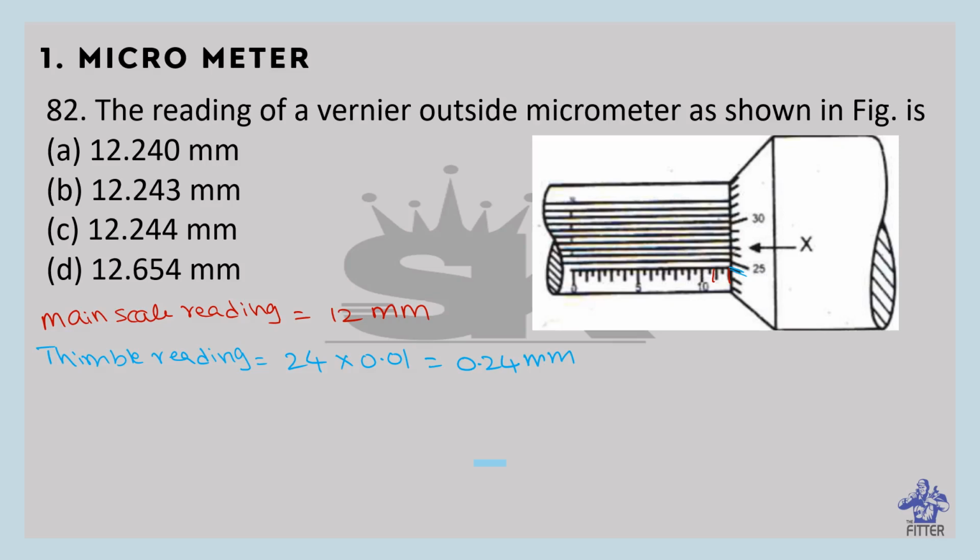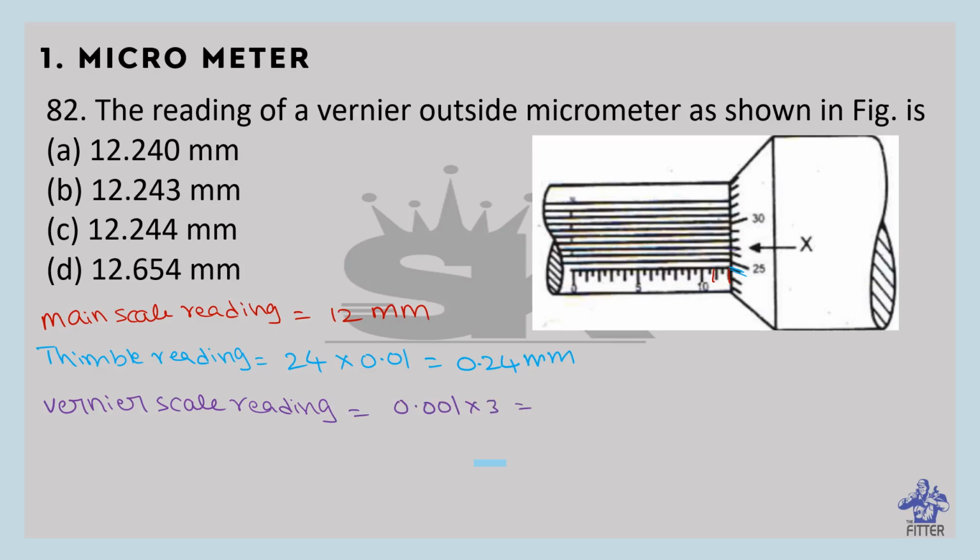And the vernier scale reading: here it coincides with the third line, 1, 2, 3. So the vernier scale reading equals 0.001, which is the least count, times 3, the reading here.